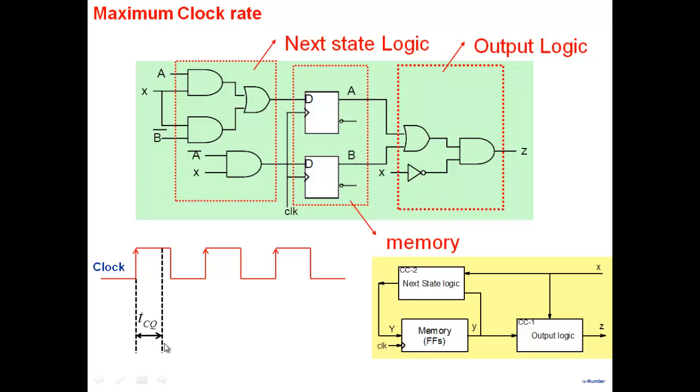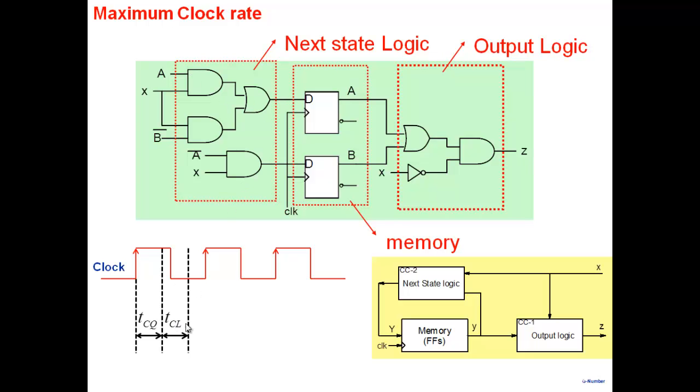Now this A, of course, goes here and produces the output, but this A also goes back here, goes through a delay here, and then a delay here, and then is available here. So the value which we want to be latched at this particular clock edge now becomes available at this particular point, after going through a delay through this combinational logic here.